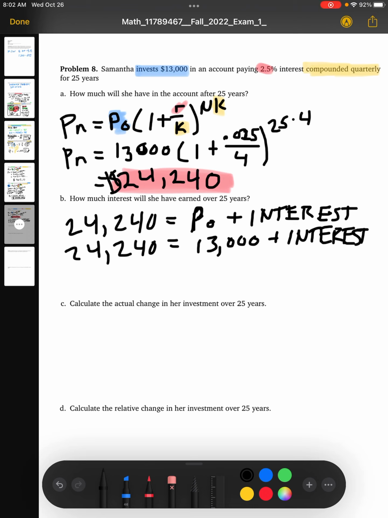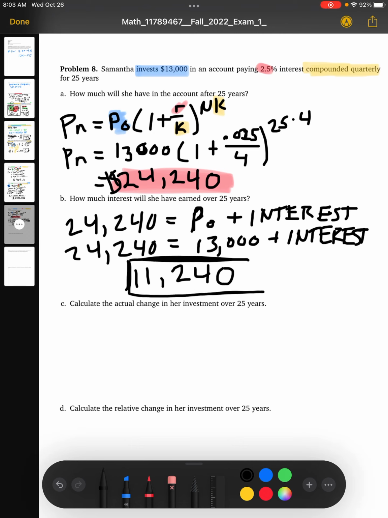I'm doing it in the calculator because I don't want to make a mistake on the video. And so the amount that she earns in interest over time is $11,240. That's the amount that she earns over time.